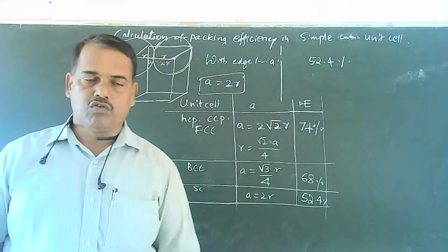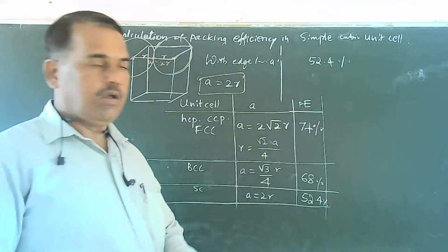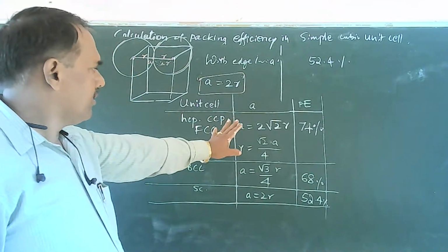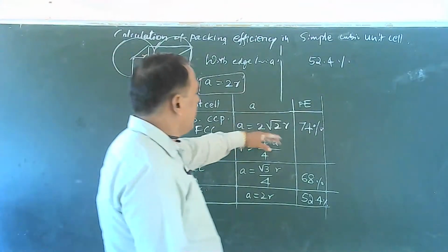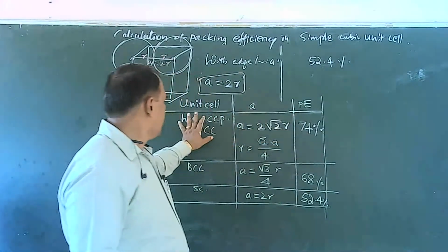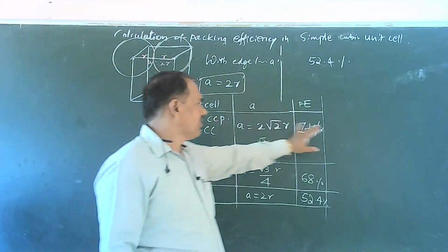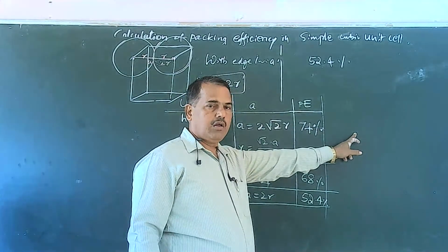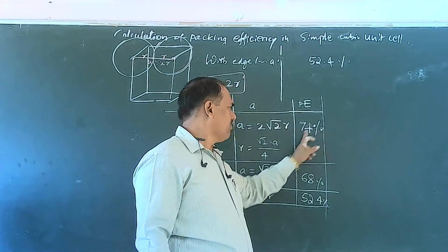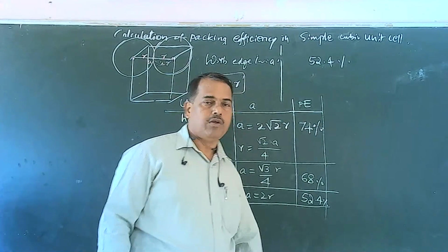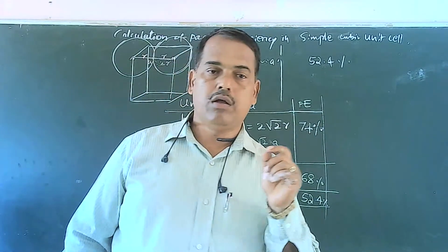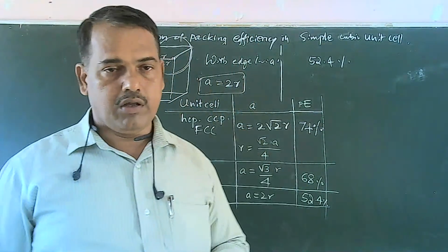Are you clear? So these are nothing but what you have to apply. The remaining space in FCC or HCP is nothing but 26% empty space. Then add this 74 and you will get 100%. You have to remember the packing efficiency formula.